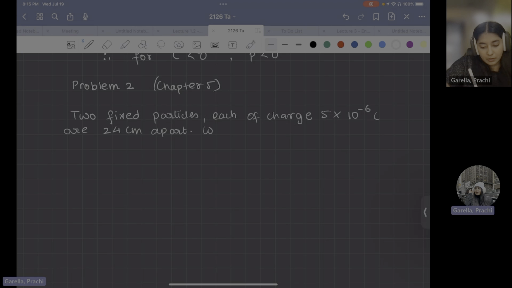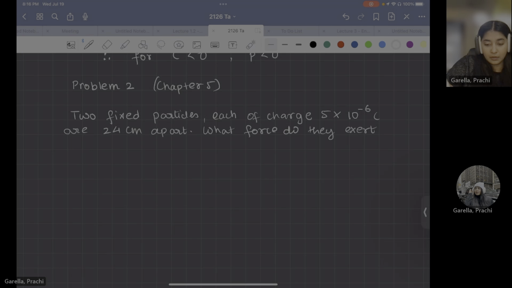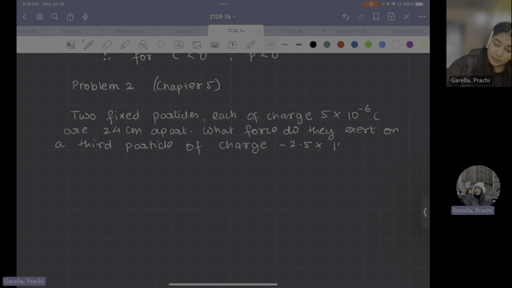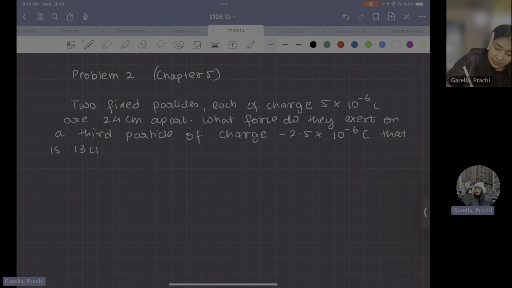What force do they exert on a third particle of charge minus 2.5 into 10 to the power of minus 6 coulombs, that is 13 centimeters from each of them?